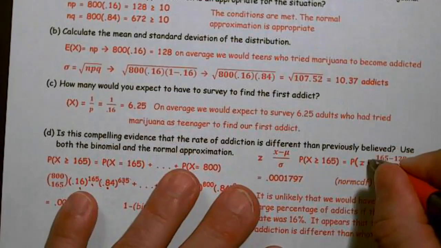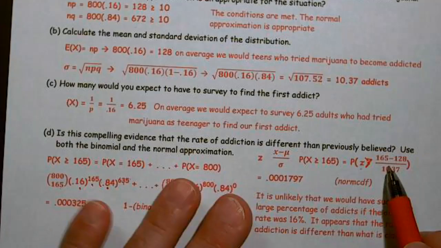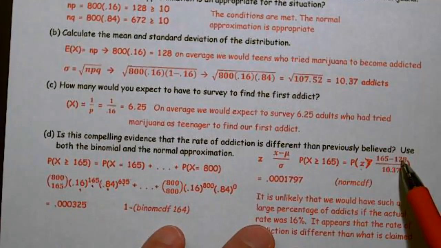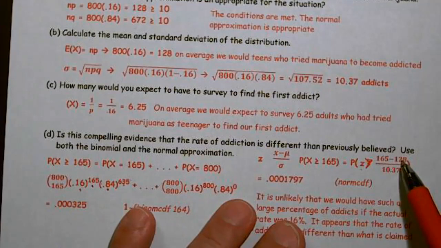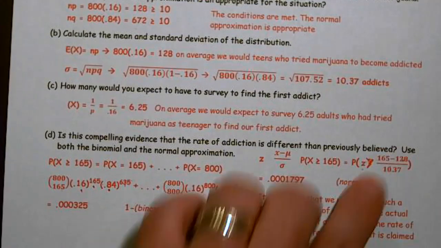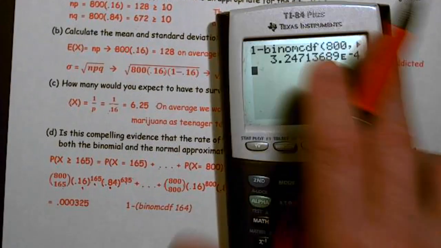When we go over to the normal approximation, by the way, this should be a greater than sign. What's the probability Z is greater than 165? And I was like, well, where did the 128 come from? That's a good question because I'm not sure. Oh, so what we expected to have, we had 165.